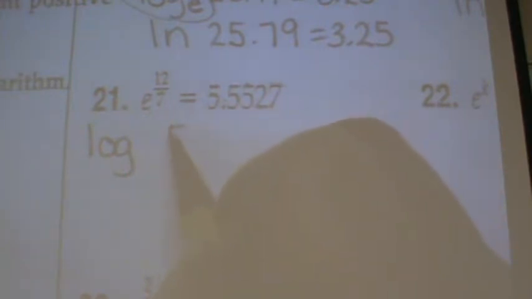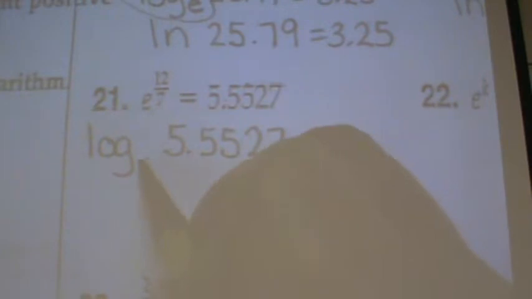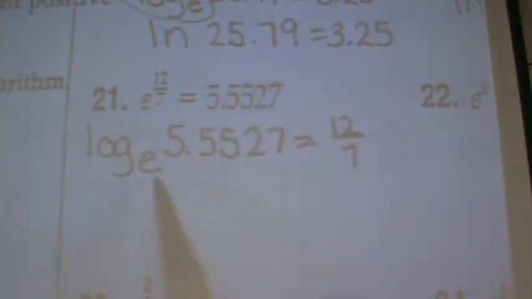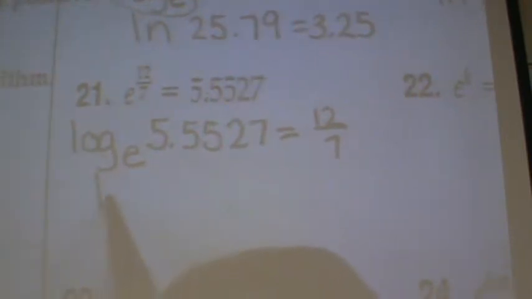This is log base E. So if you need to write it out first, definitely do that. So you gotta know what goes where. And another name for log base E is ln.